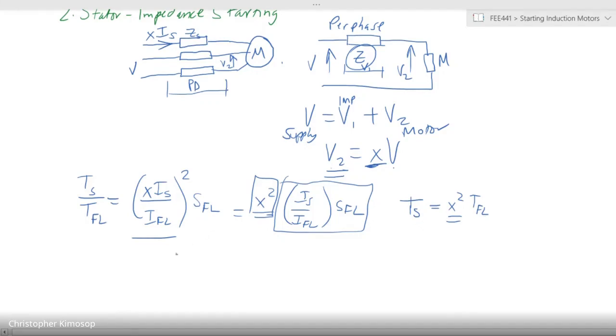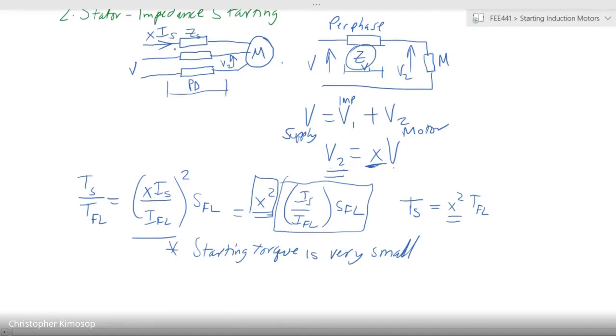Yeah, so one thing about the stator impedance is that your starting torque is very small compared to full load torque. And at the same time, remember that this is an impedance, right? An impedance leads to power loss. You are literally changing the current.